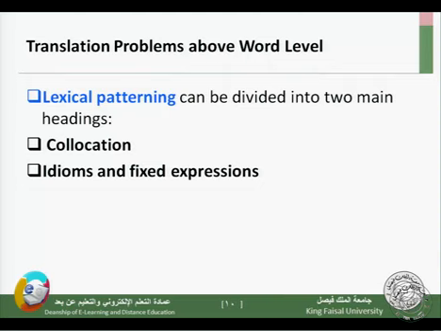Above word level, you need to look at two headings: collocations, and idioms and fixed expressions. I will explain what we mean by each. So you have a morpheme, you have a word, then you have a collocation, and then you have idioms and fixed expressions.